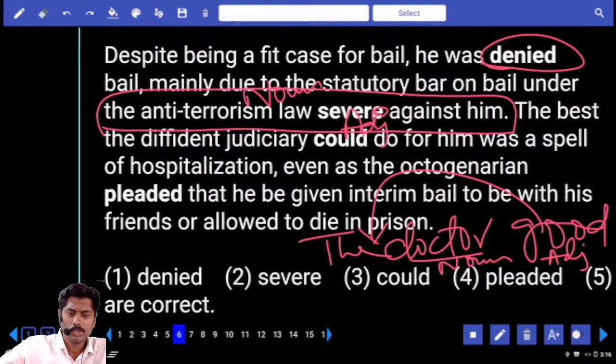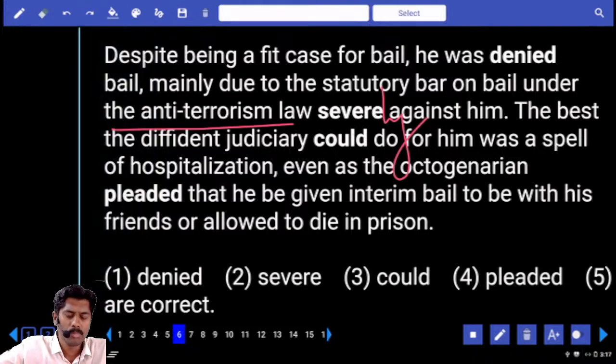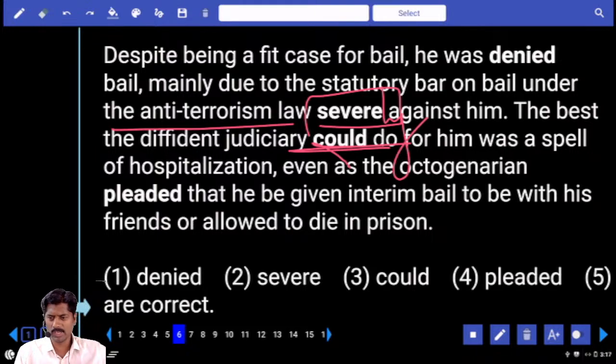So if you want to keep it, it is severe anti-terrorism law, or you can add ly: mainly due to the statutory bar on bail under the anti-terrorism law severely against him. The law is severely against him. So this is incorrect.